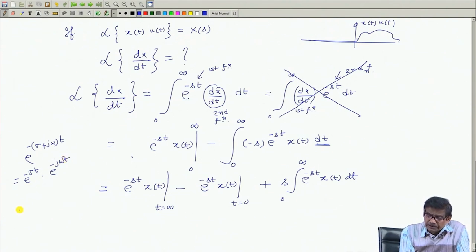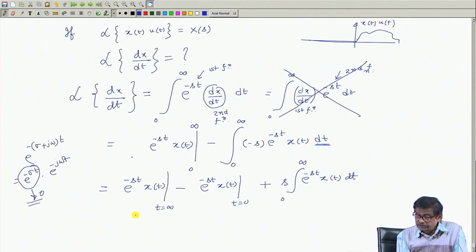As t tends to infinity, no matter what, what will be the magnitude of e to the power j omega t? Even if t is very large, can it be infinite? No, because it is cos omega t plus j sin omega t, its amplitude is 1 only, bounded by 1. But as t tends to infinity and sigma is correctly chosen in the ROC, sigma is a positive number, this fellow will tend to 0. So that is why this first term will become 0.